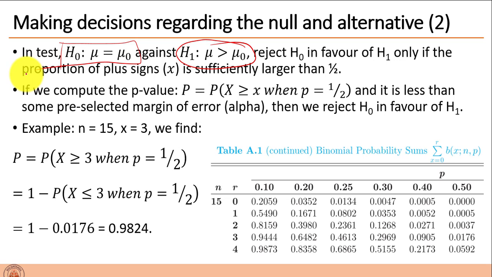In the less than case, we considered where they were less than half, but this time we're talking about greater than in our alternative hypothesis. Our decision is to reject the null hypothesis in favor of H1, the alternative hypothesis, only if the proportion of plus signs exceeds half. If we compute the p-value for this one, it's the same thing as before.